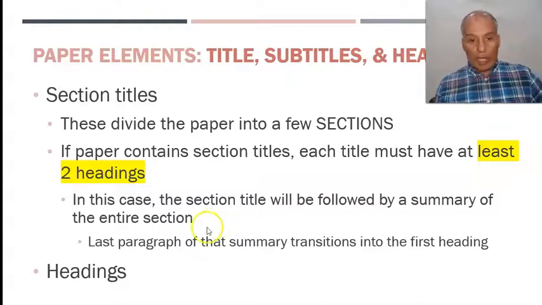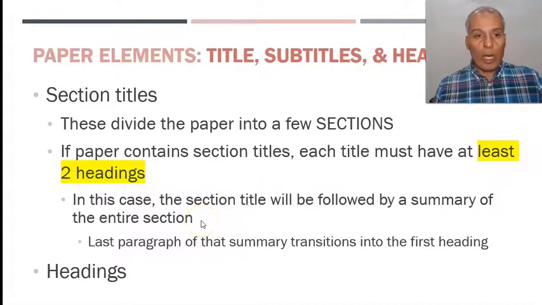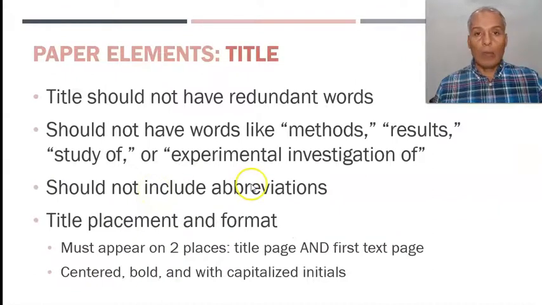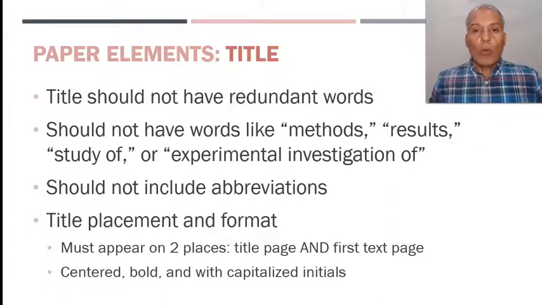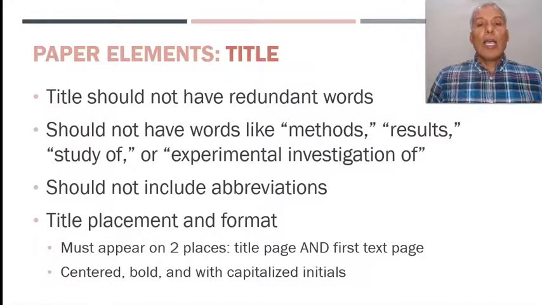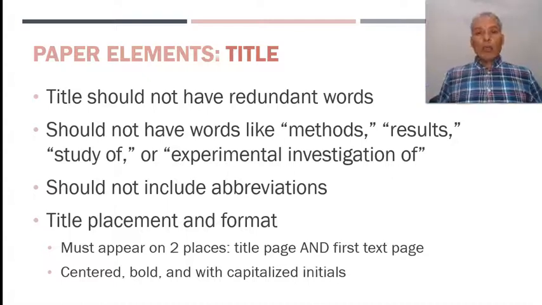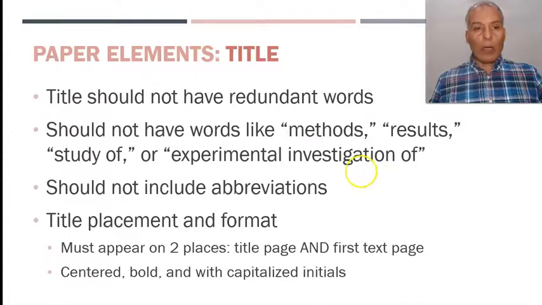So I explained this. I do not need to go over this again because I'm limited to 55 minutes here for this video, and so the title of your paper in general, but more than anything else, the title cannot have any redundant words. We will discuss redundancy and how to eliminate it at some point in the class.